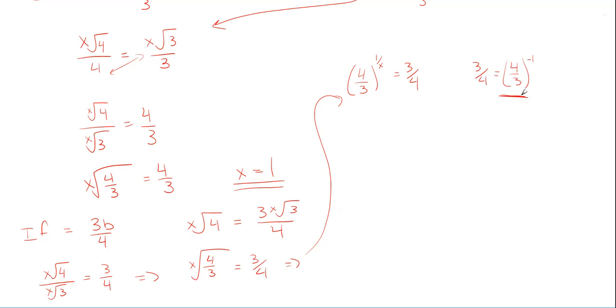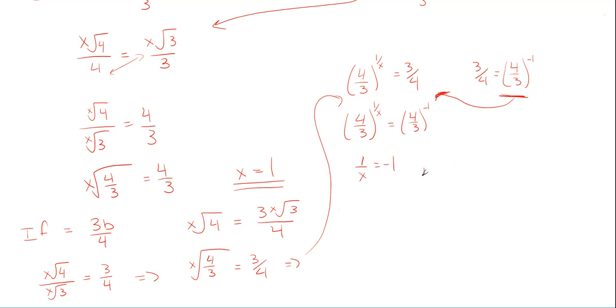So let's take this portion and plug it in for our 3/4 over here. And we end up with 4/3 to the power of 1 over x is equal to 4/3 to the power of -1. Well, since what we're taking the power to, the inside portion here, is 4/3 on each side, that means that 1 over x is going to have to be equal to -1.